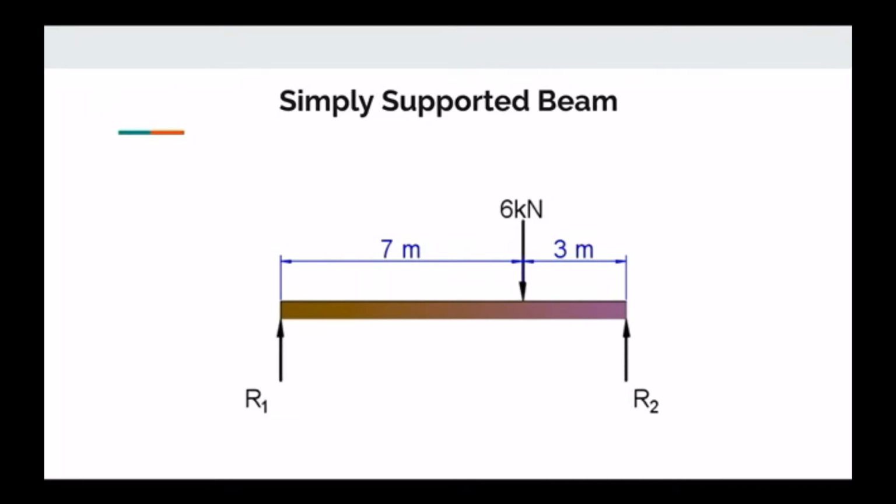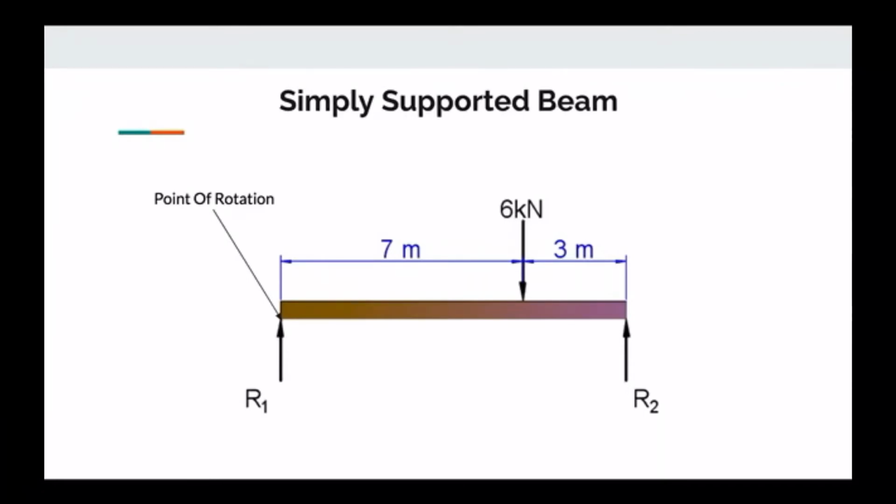For this exercise, I'll choose R1. That will be my point of rotation. So from R1, we can now find the moments of all the forces. The moment of the 6 kilonewton force from that point of rotation is given by force times distance.